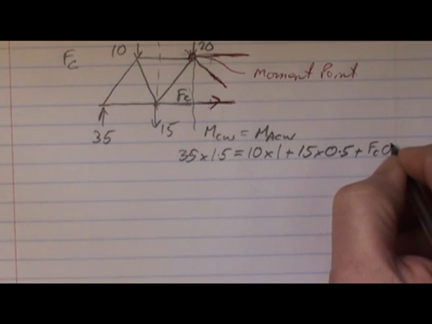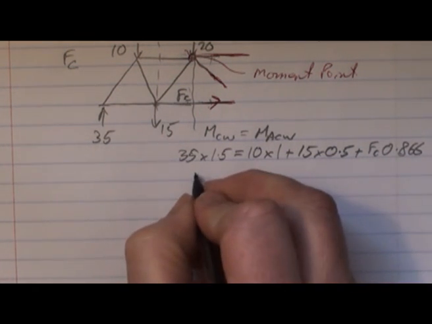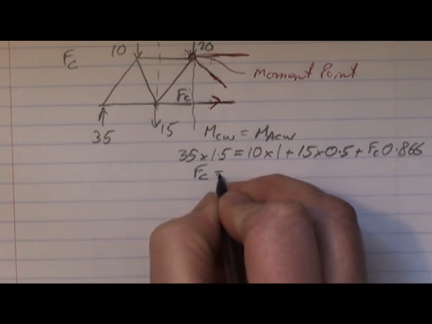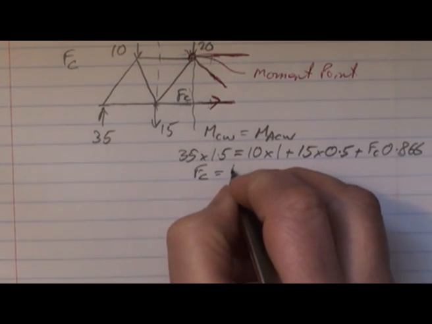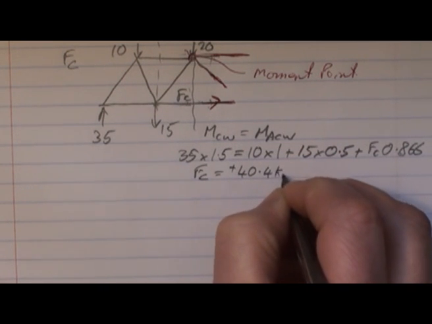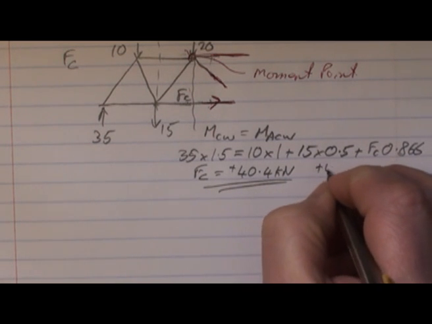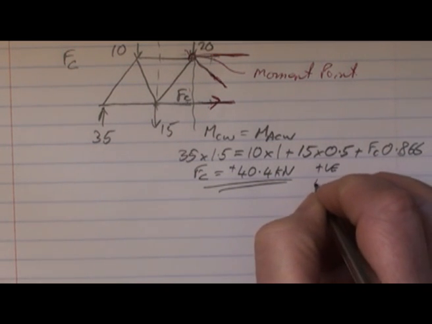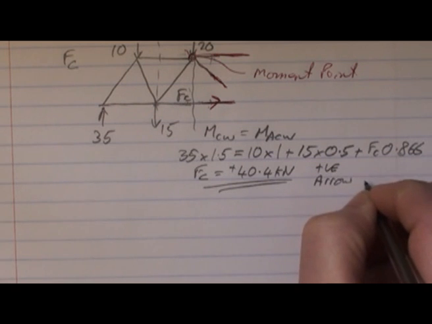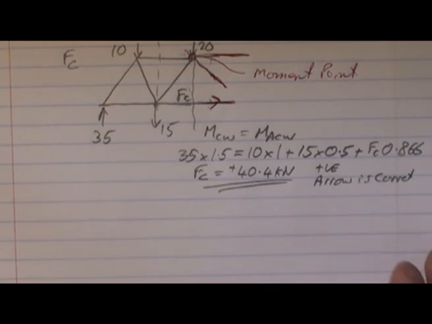So FC times 0.866. This will give me FC, which is equal to positive 40.4 kilonewtons. Now, positive means that my arrow was correct. So my direction is actually correct for that one.